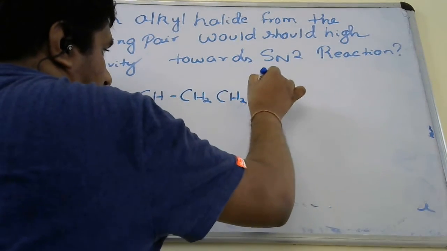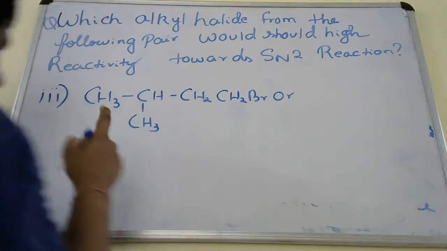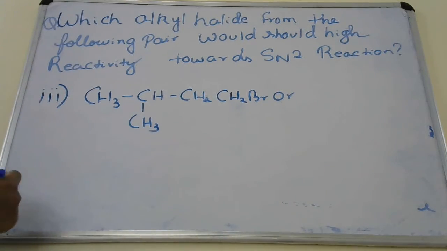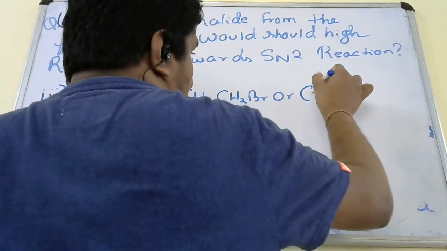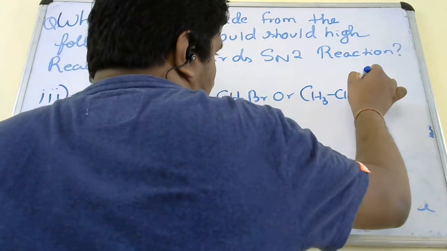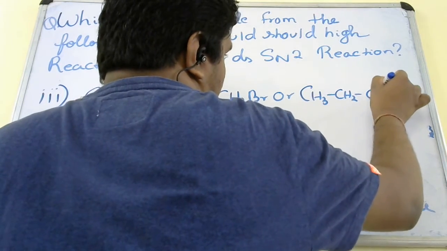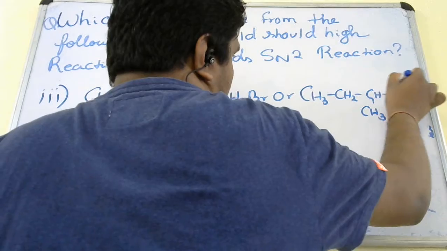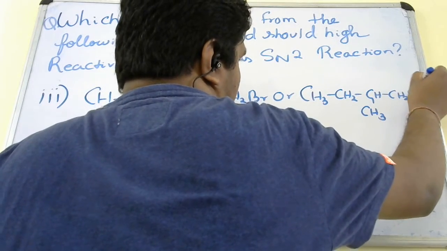Here you have two types of alkyl halide. This is one, and this is another.